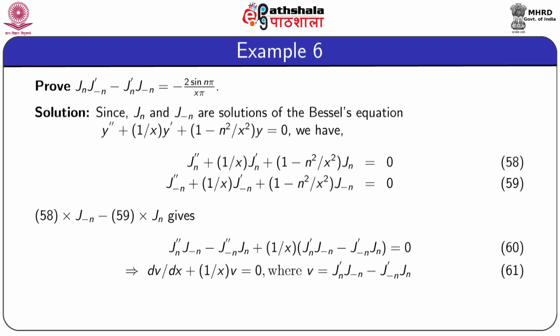We substitute v equal to this particular expression, that is J_n J'_{-n} - J_{-n} J'_n, and we get the differential equation dv/dx + (1/x) v = 0, given by equation 61.